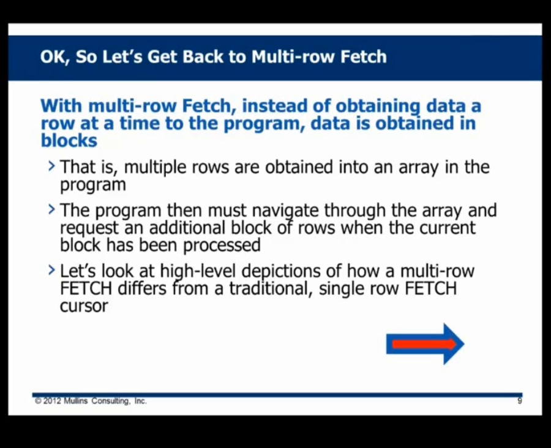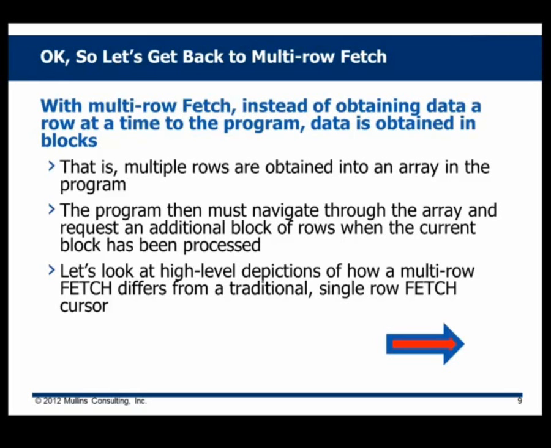And you do that instead of fetching a new row for each iteration of your program logic. So instead of fetch, fetch, fetch, we fetch and then bounce through the array. When the program exhausts the data in the array, another fetch is issued, which returns another block of data, and we repeat the process again.